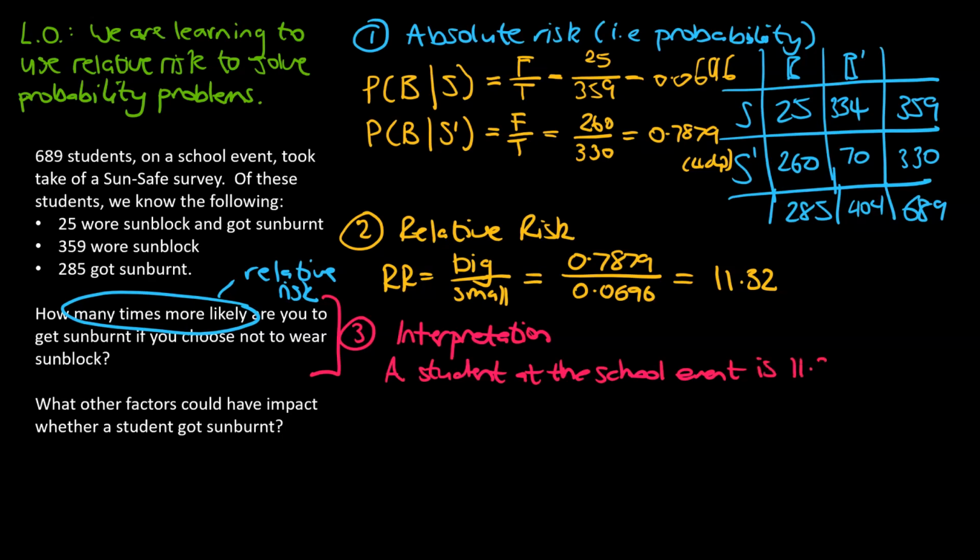So a student at the school event is 11.32 times more likely to get sunburnt if they did not wear sunblock.